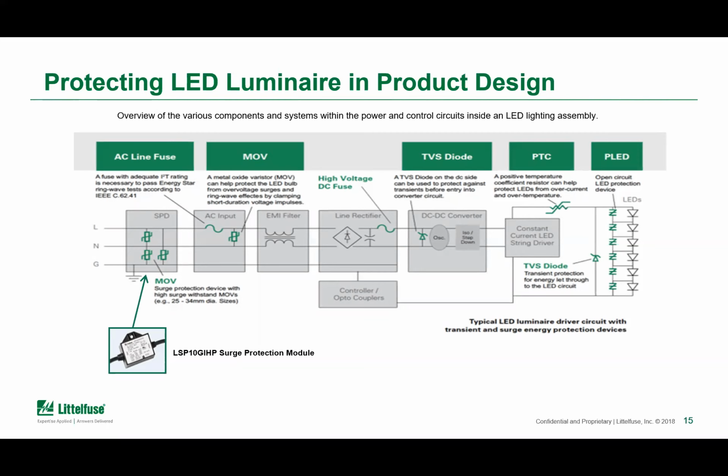This module has a much higher surge capability than what is internal to the driver. So most of the energy will get conducted through the module, limiting the amount of energy that has to be dissipated by the protection scheme inside of the driver itself. This is a pretty common practice, and it's very important that it is added when you're applying these drivers in an outdoor application.